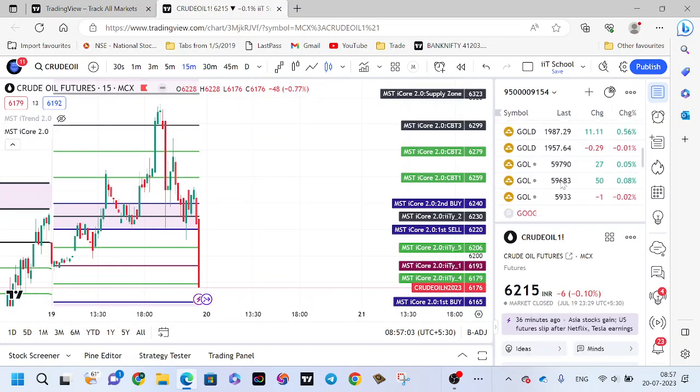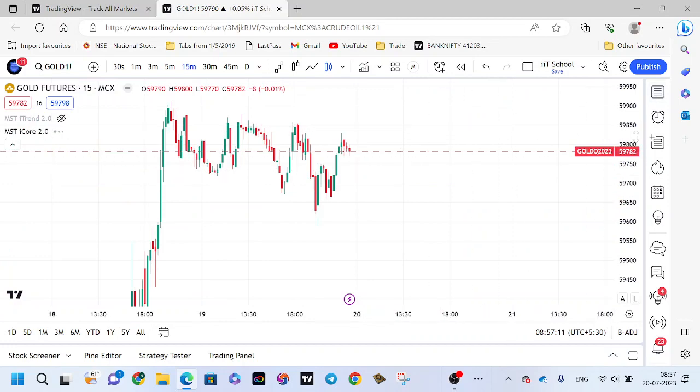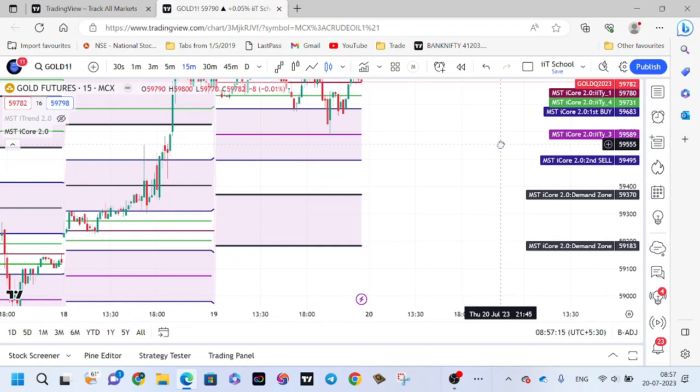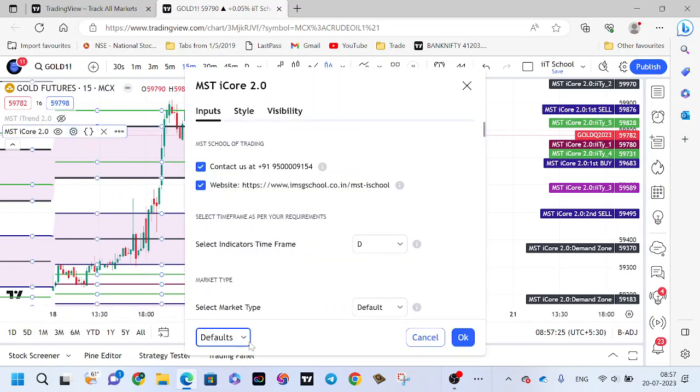Now let us see what has happened in the gold. Where is gold? This is gold. See, previous day sell activated, target hit. Again buy activated, target hit. And yesterday I will give in default settings.